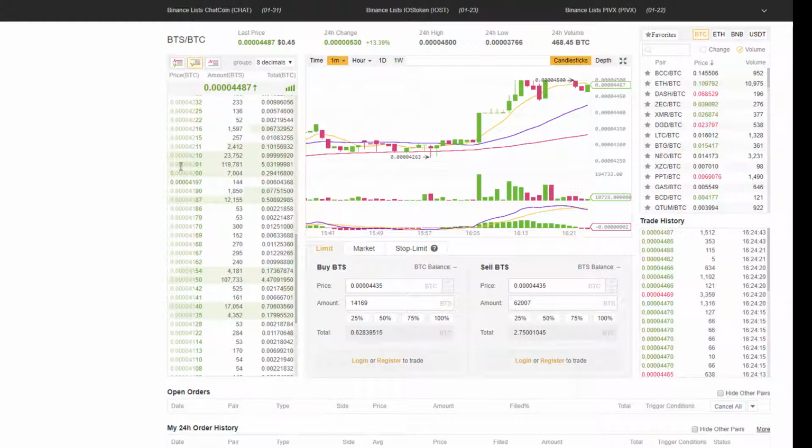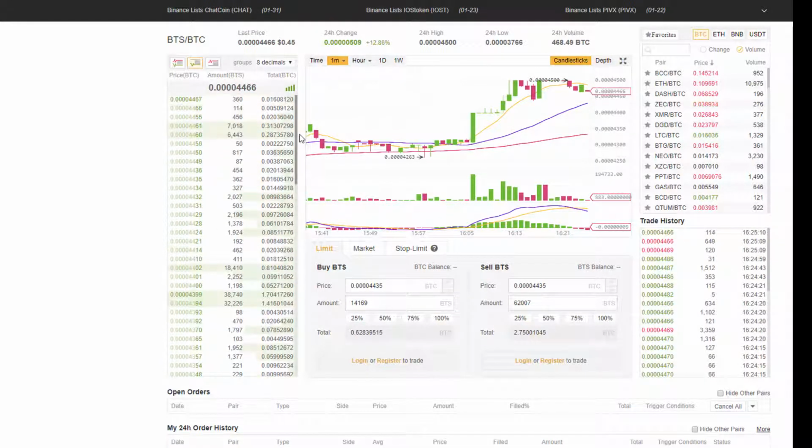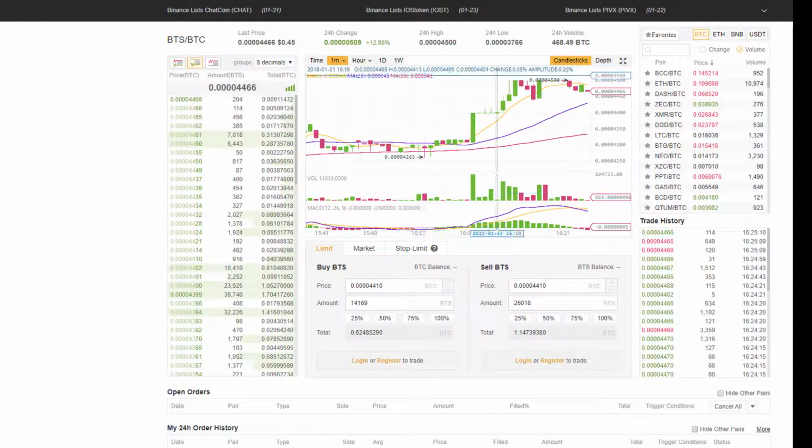So there's support at the 4200, that's the artificial support, I believe, that was there before. Maybe it's not, I don't know. But there's support at the 4200 range, and then there's people lining up around here. People will start lining up around these couple buyers here. So that'd be 4410. 4410 is actually where it's at.